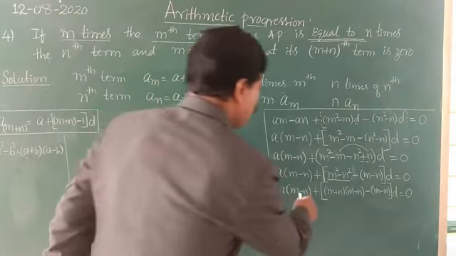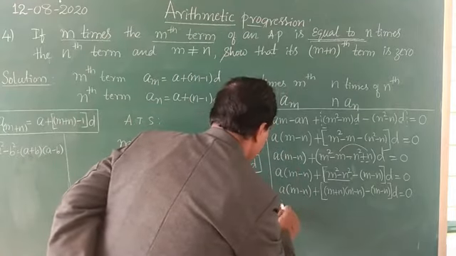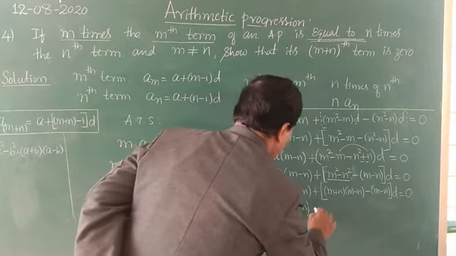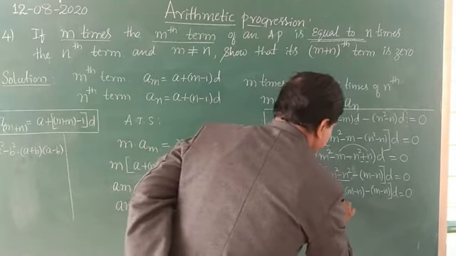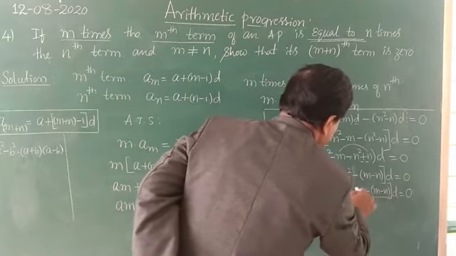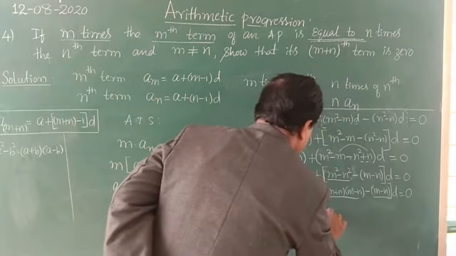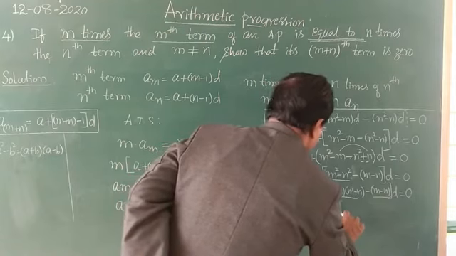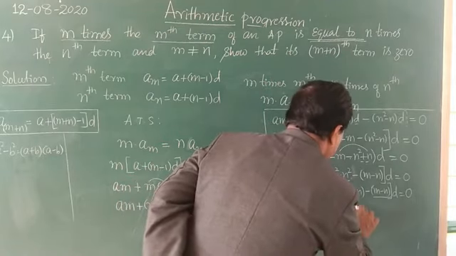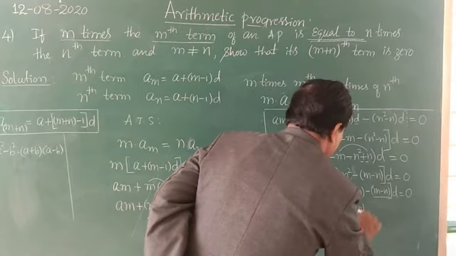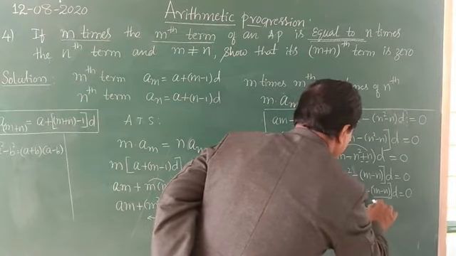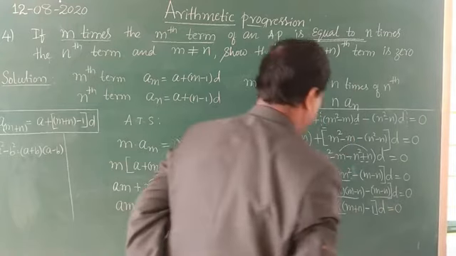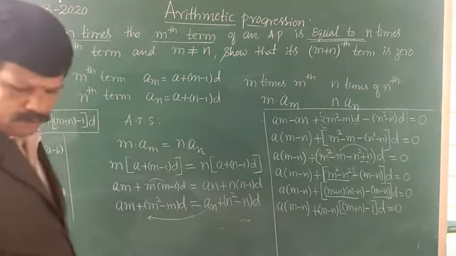Okay. Now here again a of m minus n plus. Look at this. In this and in this, m minus n is common. Left out is m plus n minus 1 into d equals 0. Look at that.